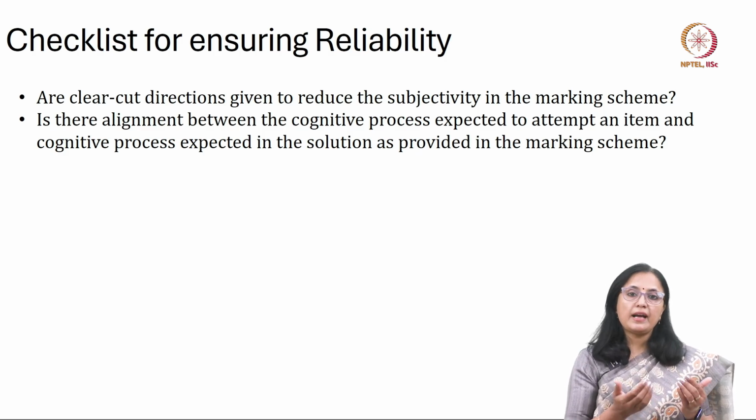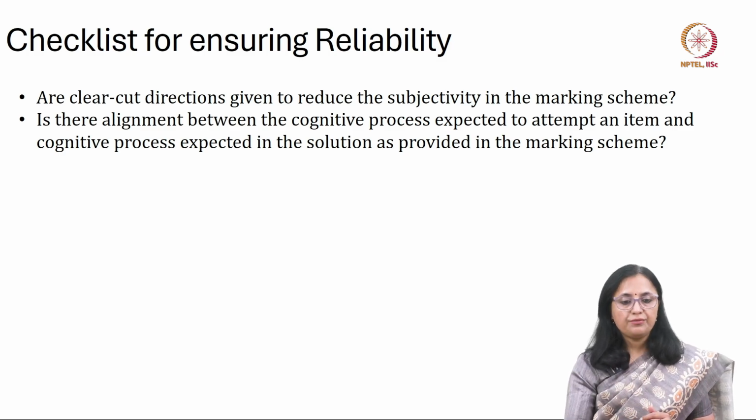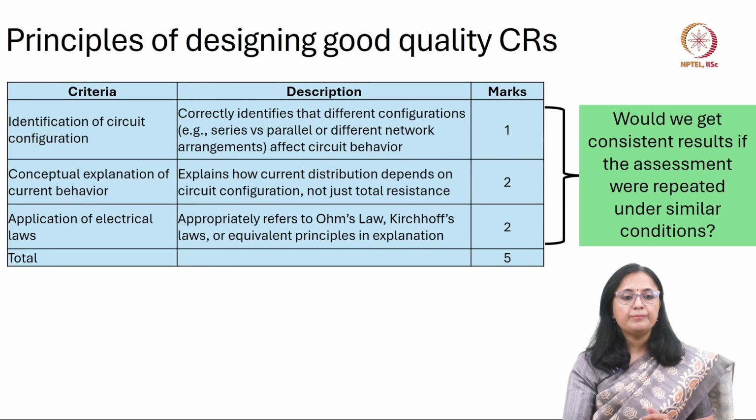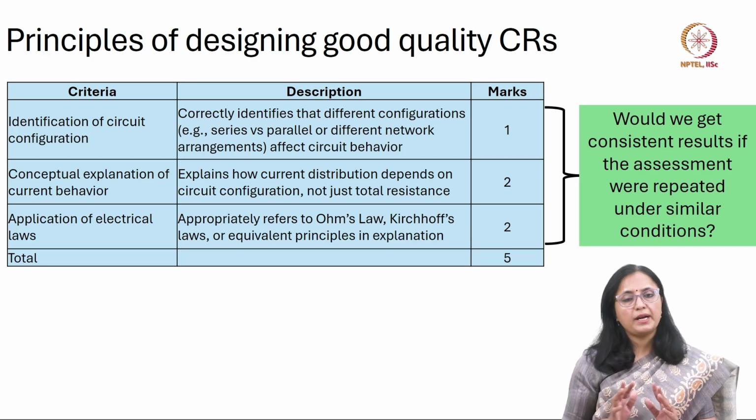So are the criteria included in the marking scheme aligned to the expectations in the question? If the criteria are very well aligned, we are expecting students to analyze and we give 1 mark. We are expecting students to provide some sort of explanation and allocate 2 marks to it.